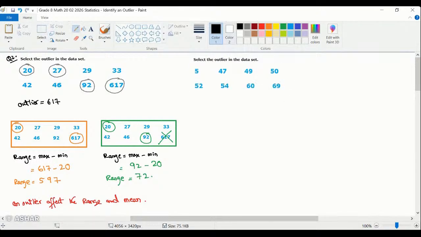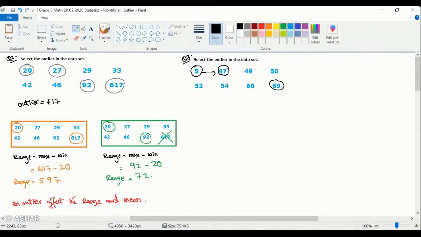For question number 3, we know the minimum number is 5, right? We know the minimum value is 5. What about the maximum value? Was 69. When 5 is compared to the next number, the numbers have to be in ascending order, right?